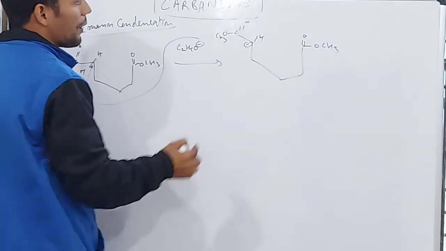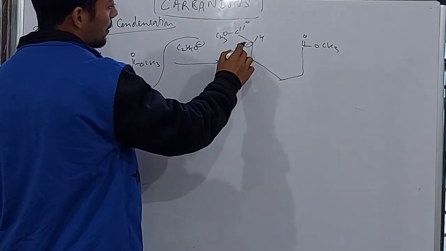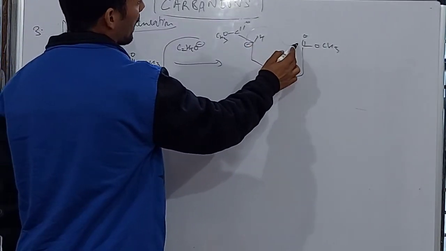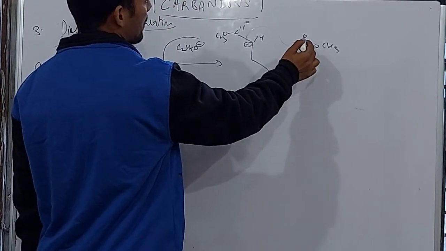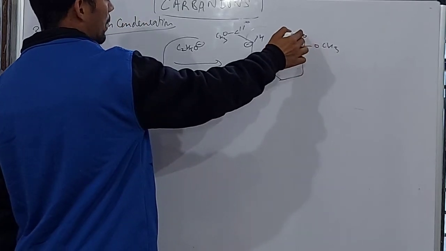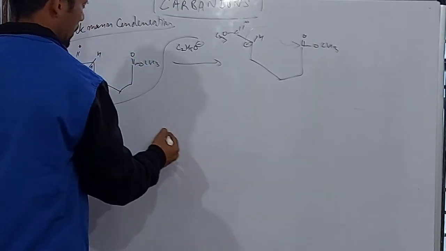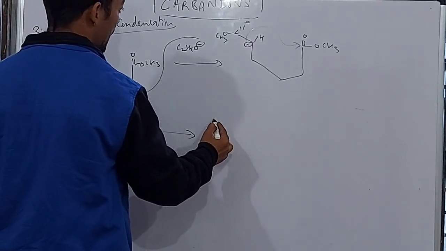So in the next step, the electron pair from this position will go to form a bond at this position, and the electrons from this double bond will go on to this oxygen atom.